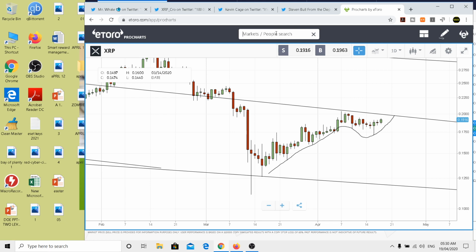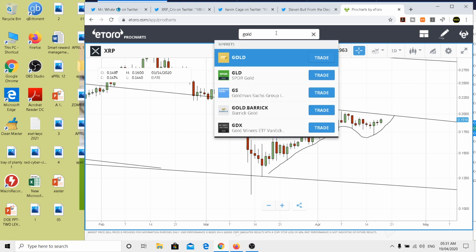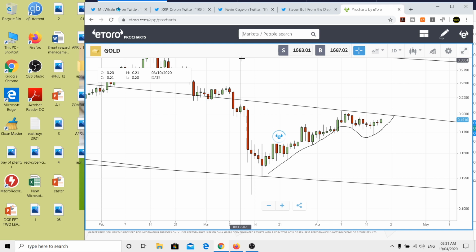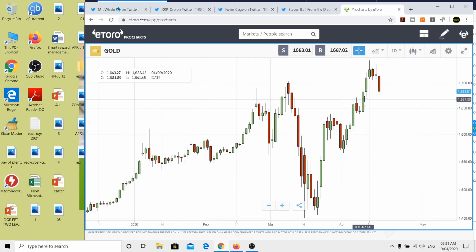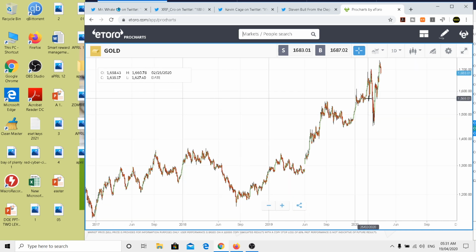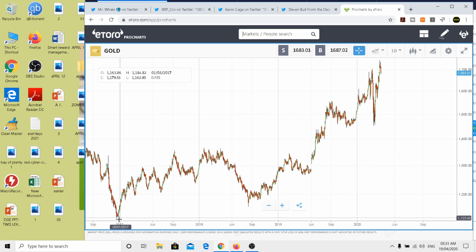But in order to compare what's happening with gold, silver, and XRP, we should compare those charts. Say you are an investor, you look at your ROI. The bottom of gold is around 1,200, and now it has reached significantly higher if you look from this bottom of 2017.